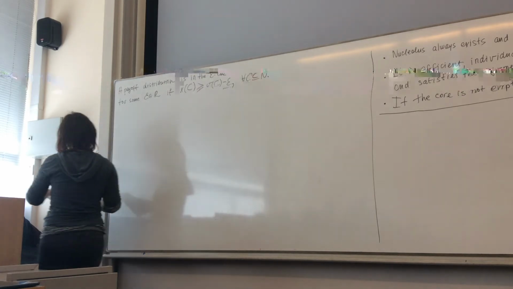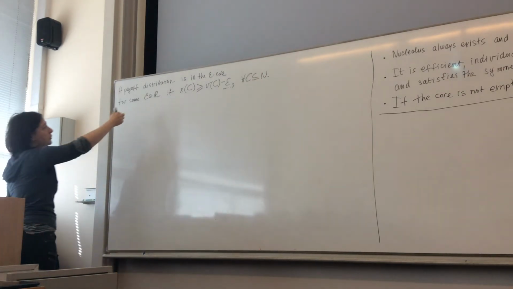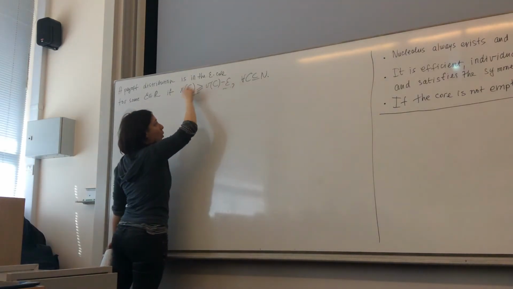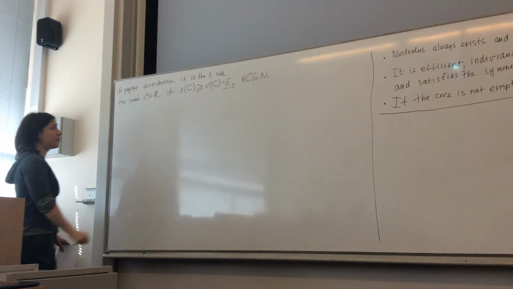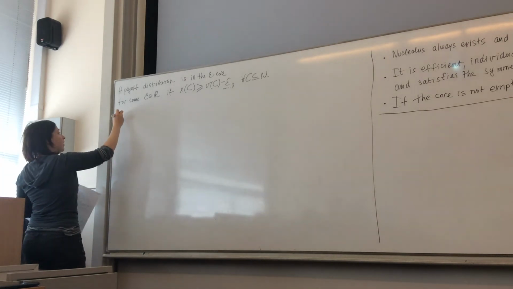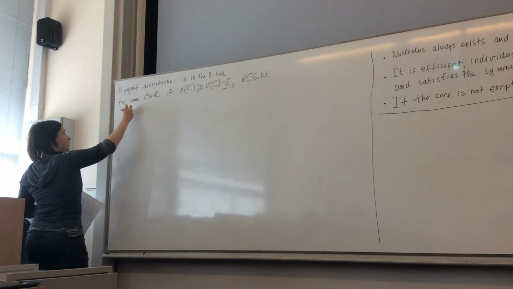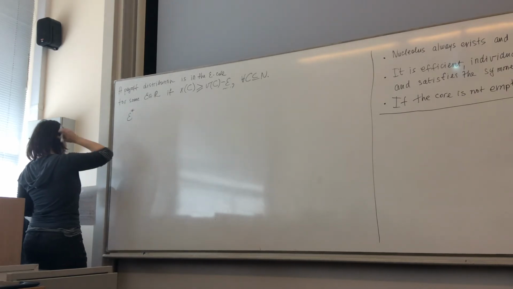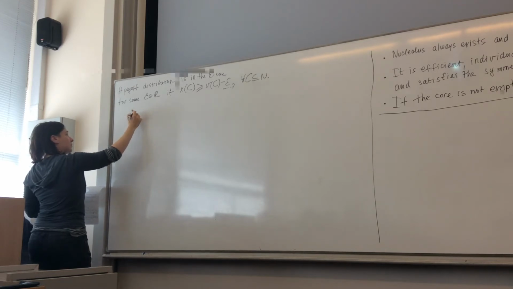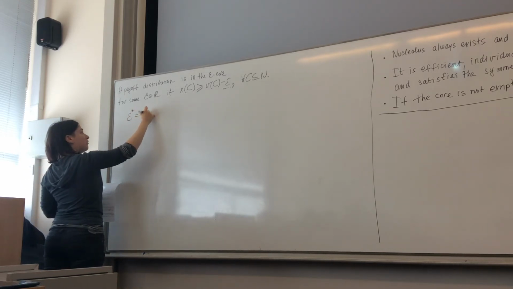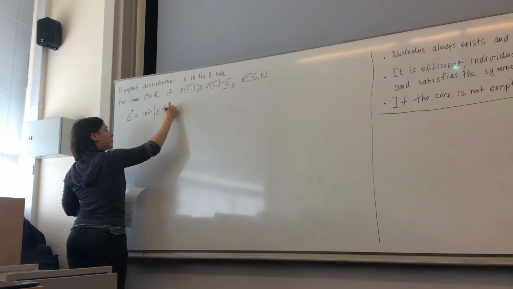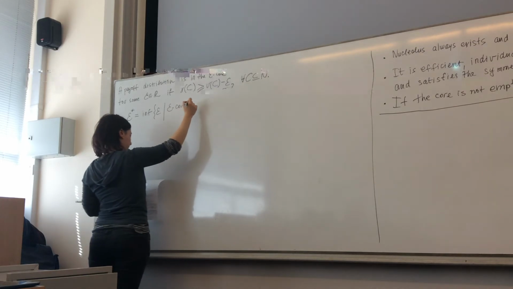And then we said that if we take epsilon large enough, then of course we can satisfy all those constraints for all the coalitions. So the point is of course to find the minimum value. Let's call it epsilon star, and that's just the infimum of all of those, so that the epsilon core is non-empty.